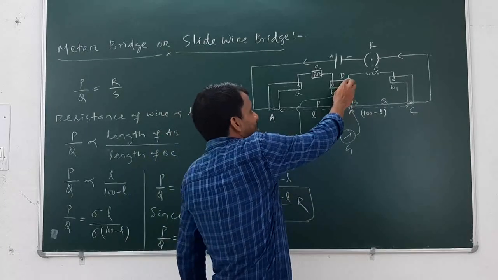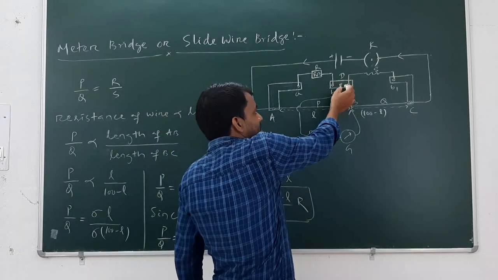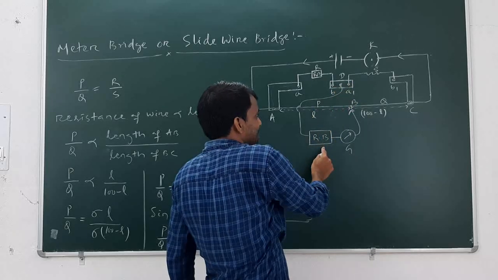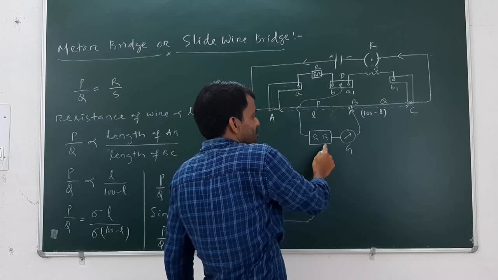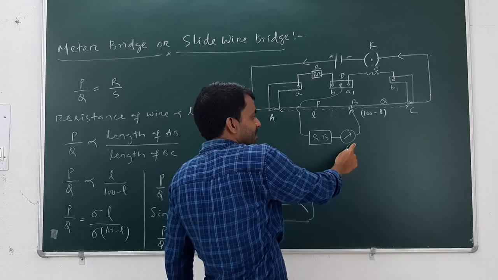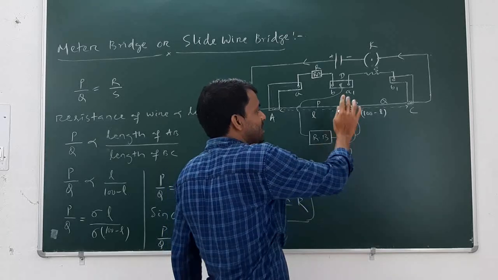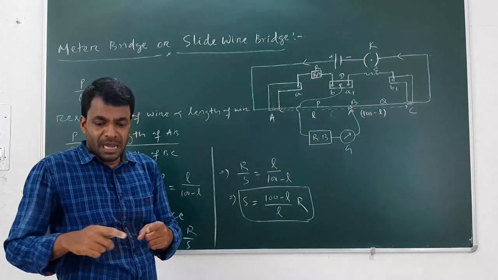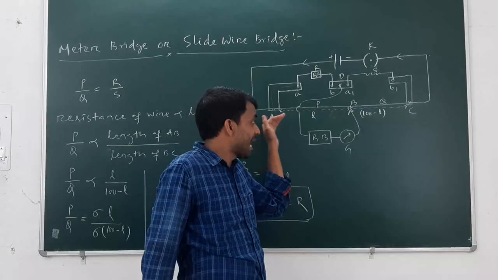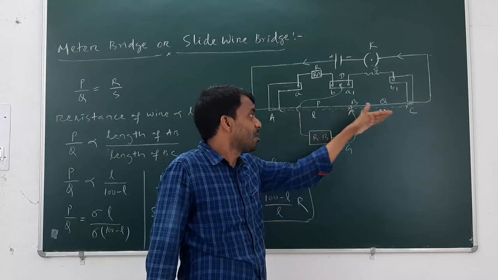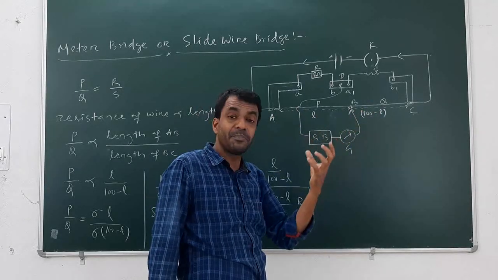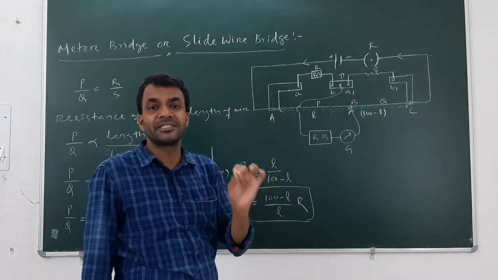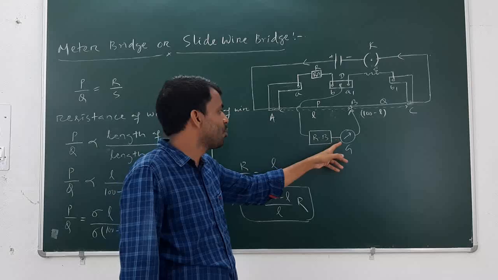Now, at this point D, on the middle copper strip, a galvanometer is connected through a resistance box. From the galvanometer a jockey is connected. This is the jockey. I have to slide the jockey over this wire to find the point at which the galvanometer deflection is 0, meaning there is no current.